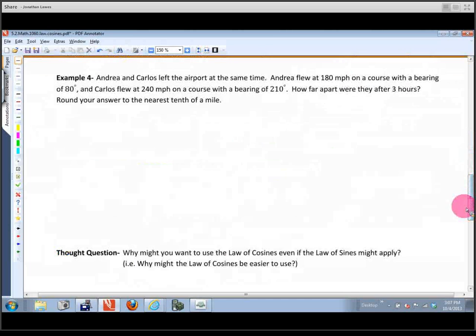We've got another navigation problem here. Andrea and Carlos left the airport at the same time. Andrea flew 180 miles per hour on a course with a bearing of 80 degrees. Carlos flew at 240 miles per hour on a course with a bearing of 210 degrees. How far apart were they after 3 hours? So let's see here.